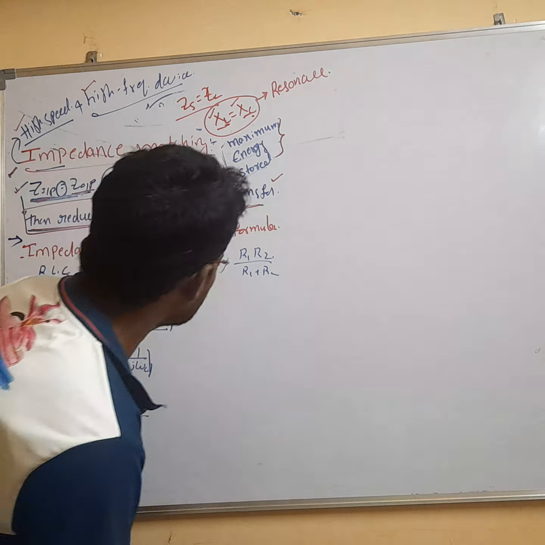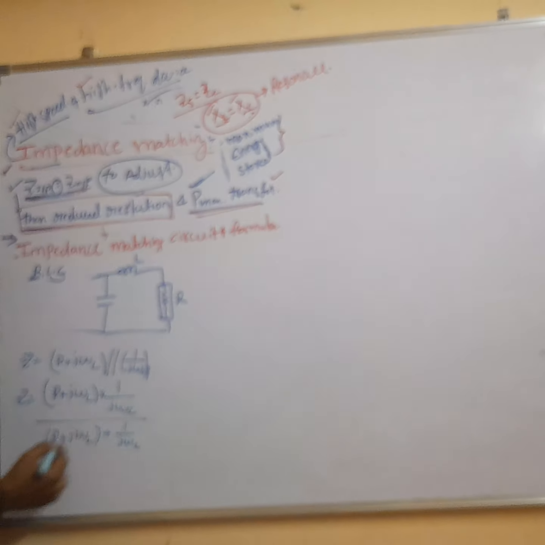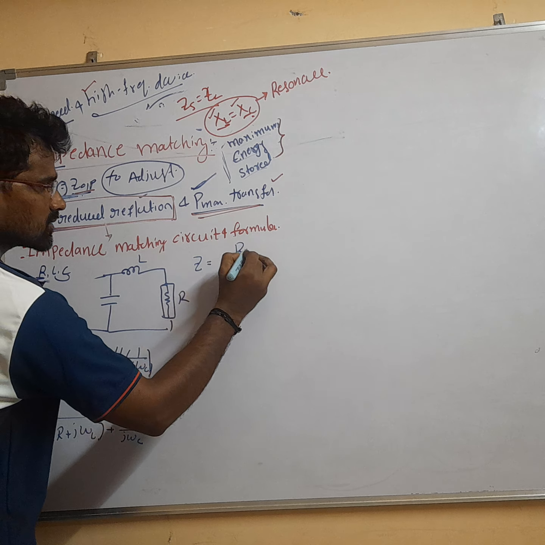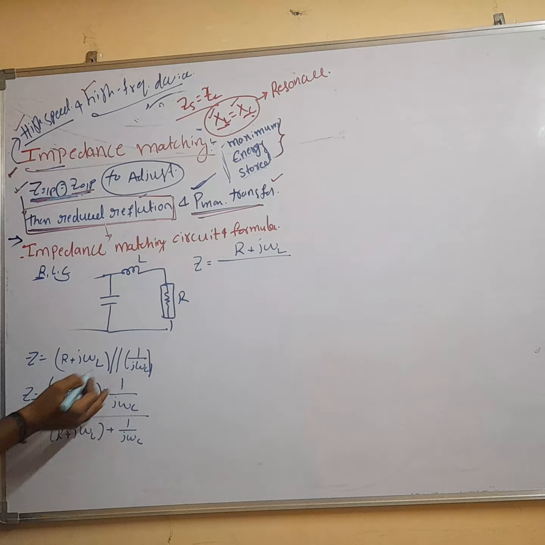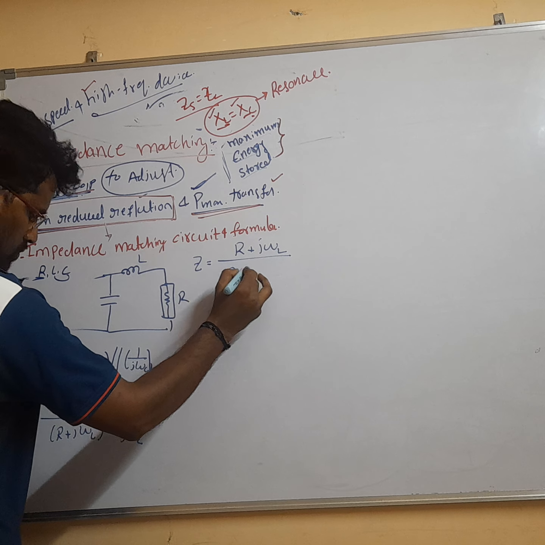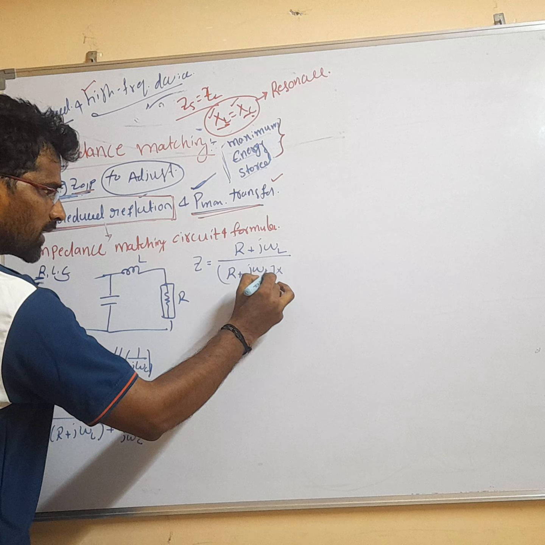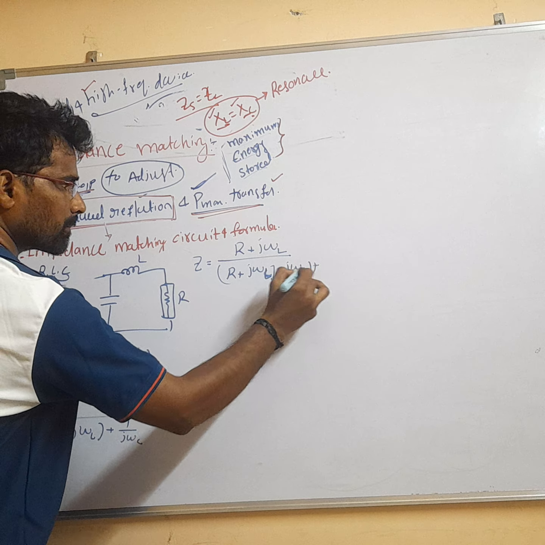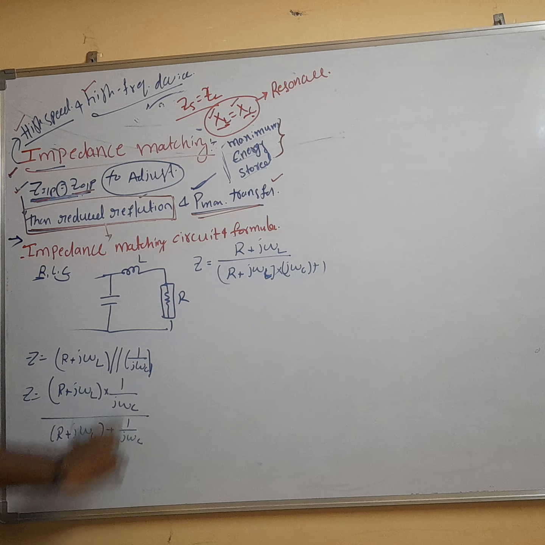We can simplify this equation. So Z is equal to (R plus j omega L) by (j omega C times (R plus j omega L) plus 1). Okay, so that is the impedance formula.